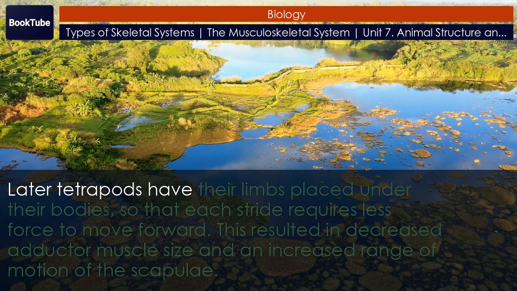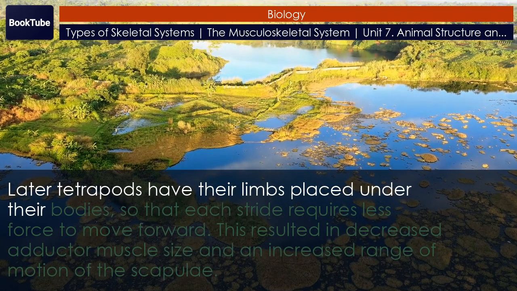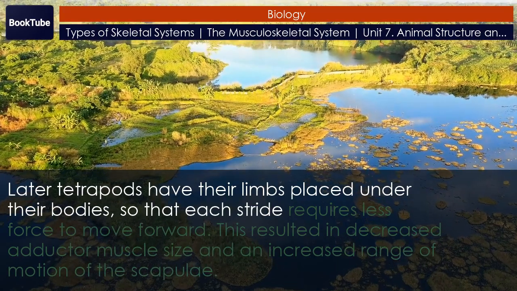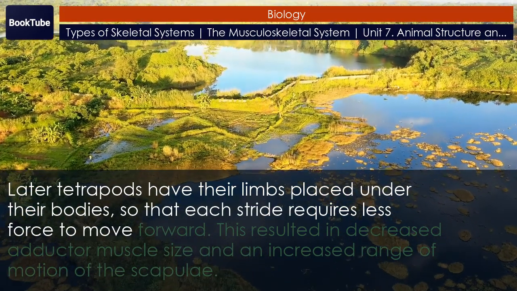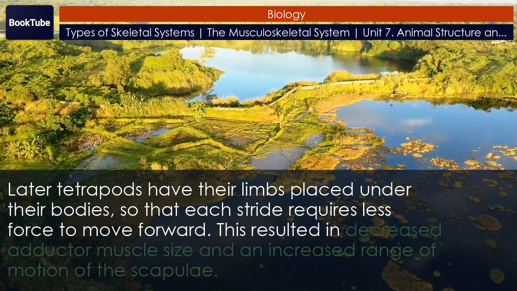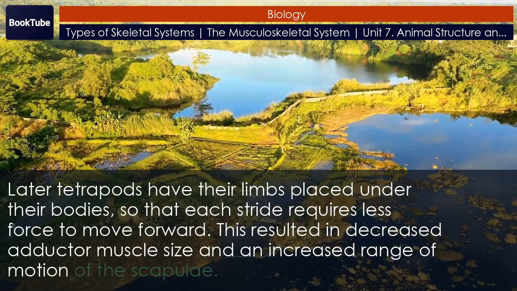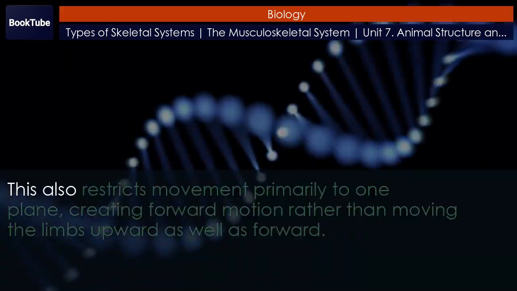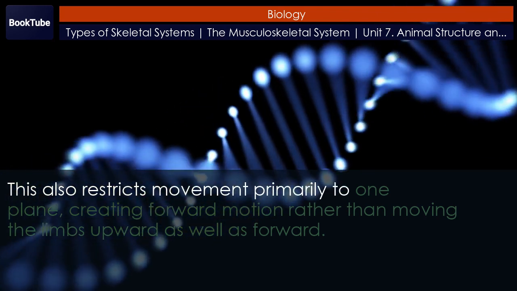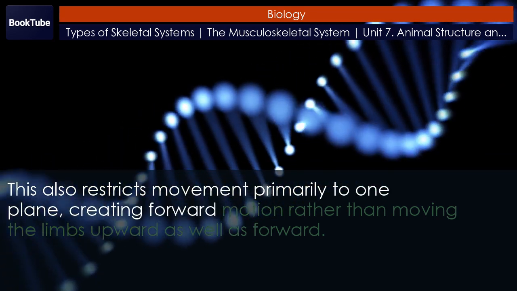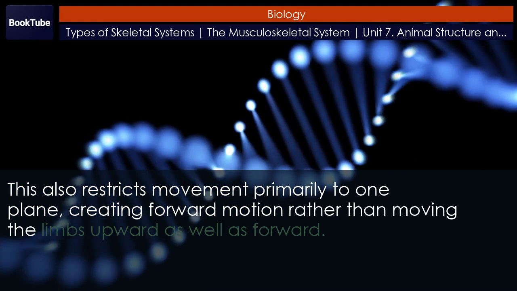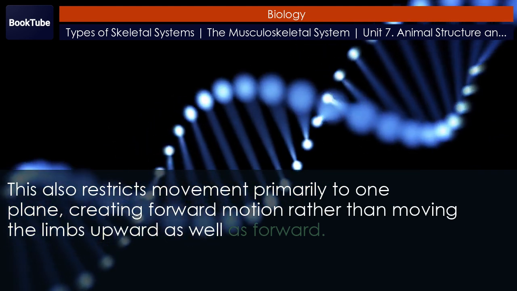Later tetrapods have their limbs placed under their bodies, so that each stride requires less force to move forward. This resulted in decreased adductor muscle size and an increased range of motion of the scapulae. This also restricts movement primarily to one plane, creating forward motion rather than moving the limbs upward as well as forward.